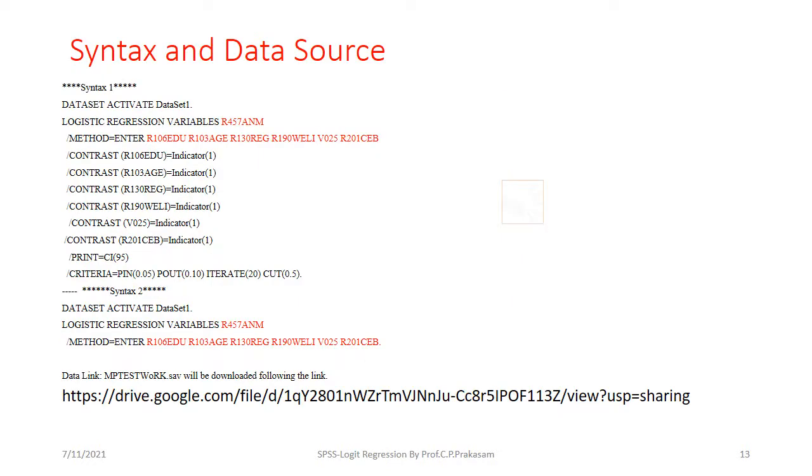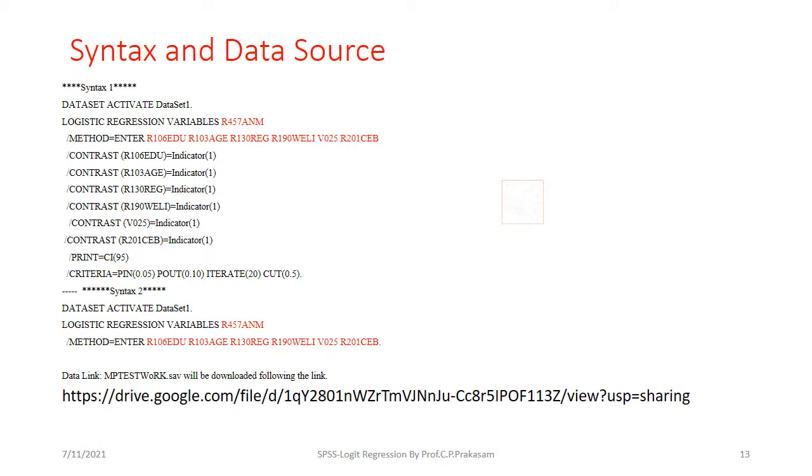Here we have given the syntax and data source suitable for SPSS. You can see syntax 1 as well as, down below, syntax 2. In syntax 1, the active data set will be taken into consideration.